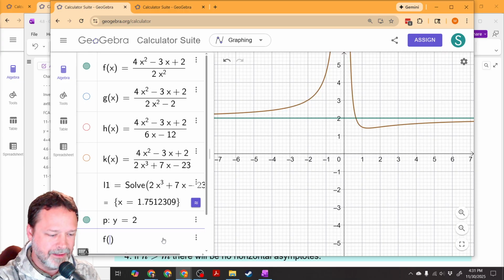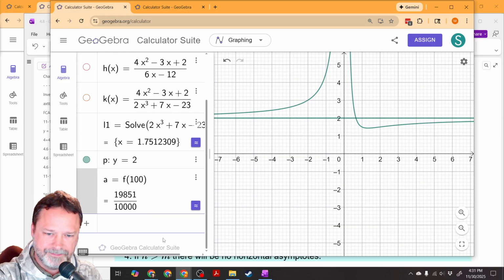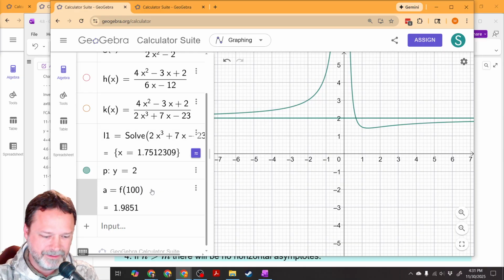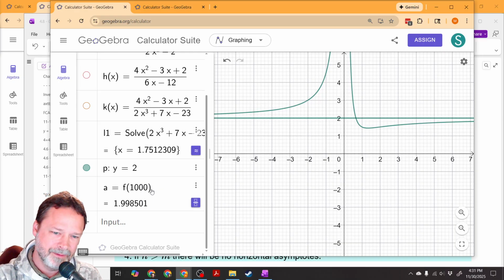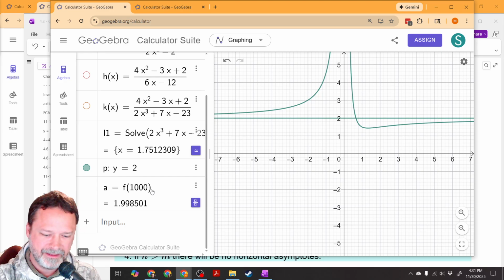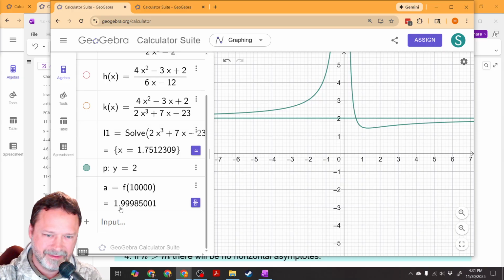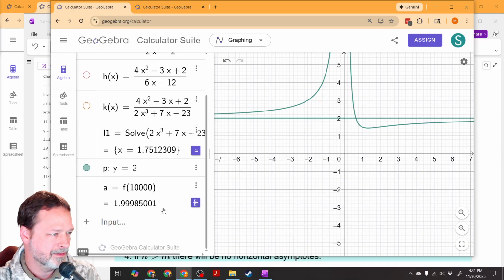Let's say f of 100. Look at that, 1.9851. What about f of 1,000? 1.99. It's getting closer and closer to actually being equal to 2. Let's try 10,000. Getting even closer and closer.